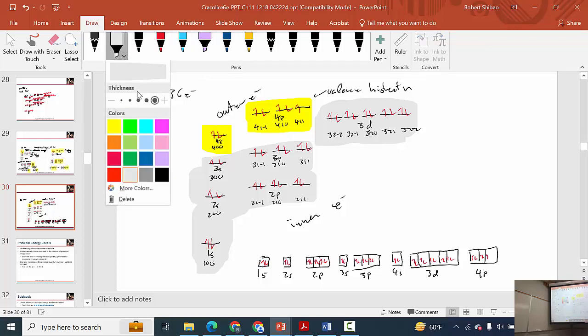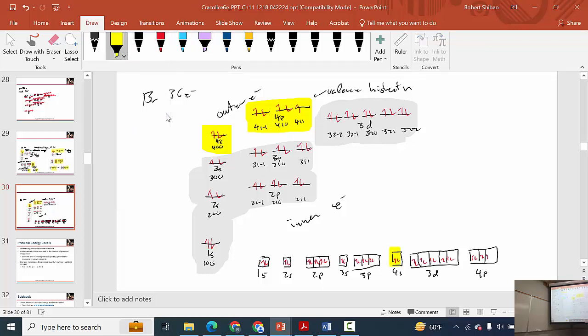Now, when we look at the valence electrons, it's kind of awkward because this is valence here, this is valence here. The 3Ds are considered inner. And so what do we call this diagram again? The big one is the energy level diagram.